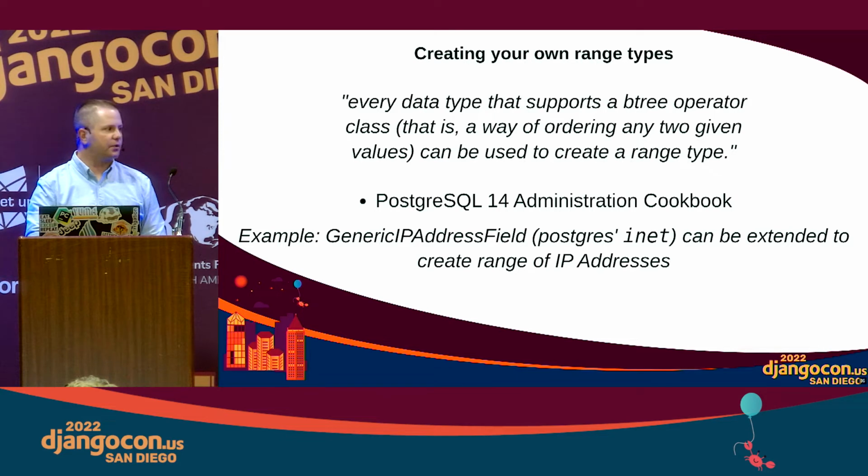So if you're doing work on a network and you need to record a number of ranges, this customer is operating from this IP address to this IP address. You can use the ranges to extend it to do that. And again, I'm not going into the detail with that because we are limited on time. But the Django docs do a pretty good job of getting you started on how to extend the ranges for your own types.